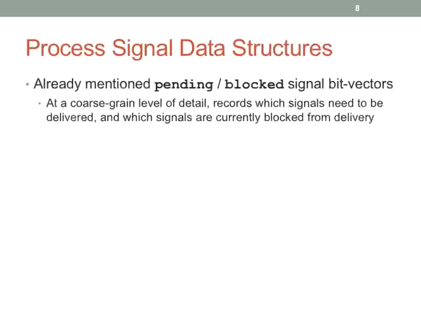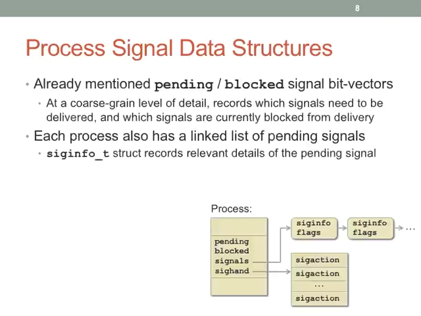Now, we talked about pending and blocked already, which you can always use to tell if a signal is ready to be delivered. For example, SIGKILL might be recorded this way, SIGSTOP or SIGCONT might be handled that way. But you have a couple of other details as well. You have a linked list of signals which are ready to be delivered.